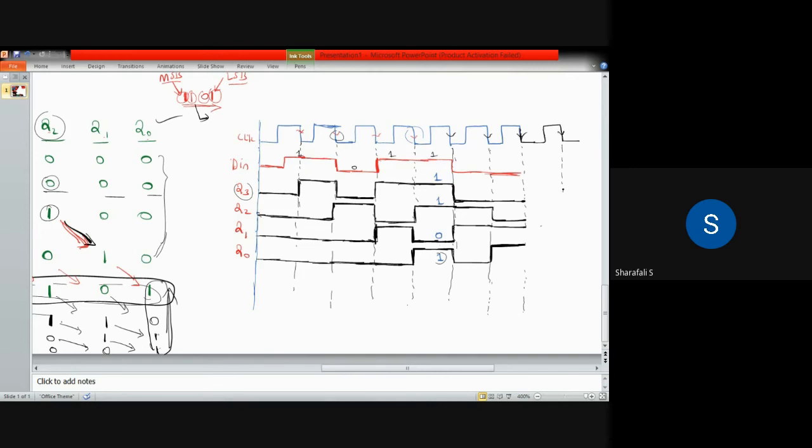In the next figure, here it will be 0. This one also will be 0, and this one also will be 0. This is going to 0. This will remain at 1.